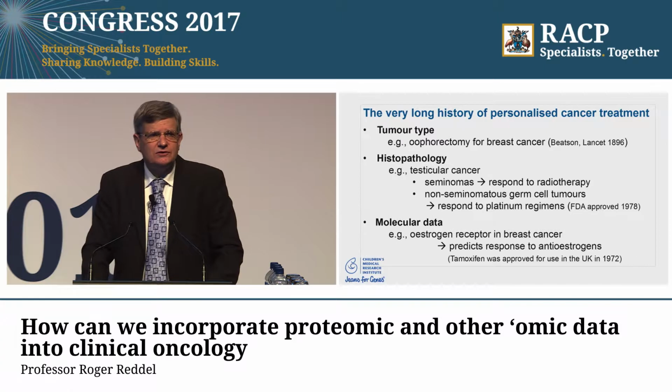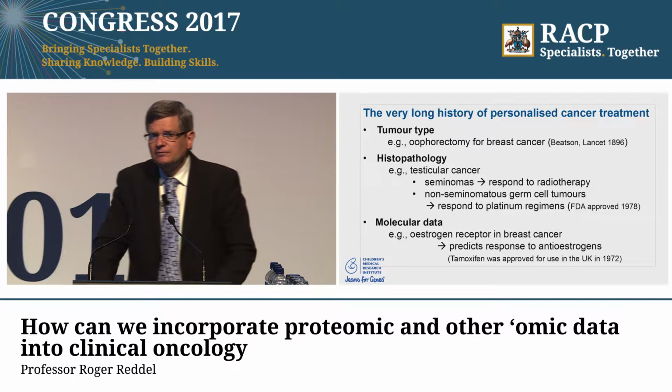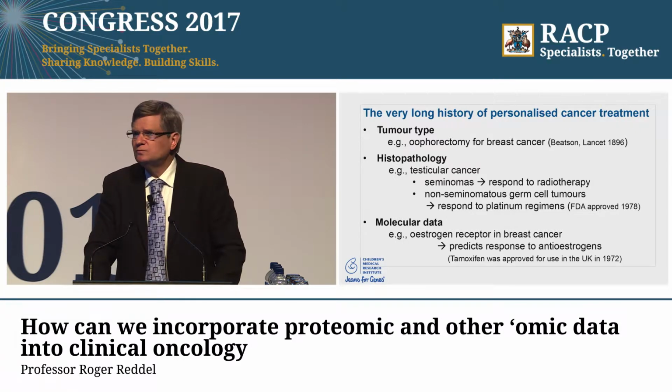Now, some of the recent breathless commentary about personalised treatment would lead you to think that this is a brand new idea in oncology. In fact, we've been individualising or personalising cancer treatment progressively for well over 100 years. Perhaps the first example of this was the use of oophorectomy by Beatson for treatment of breast cancer.